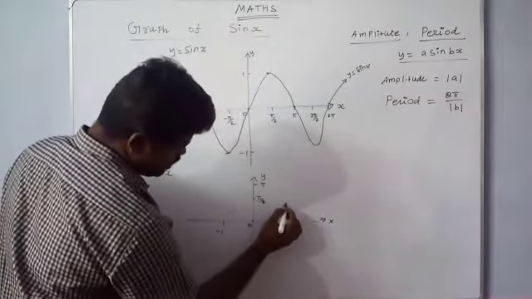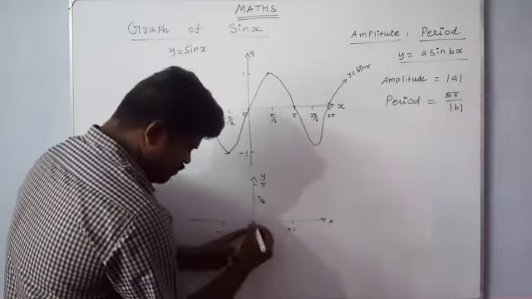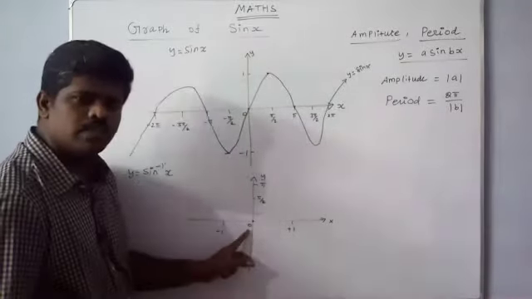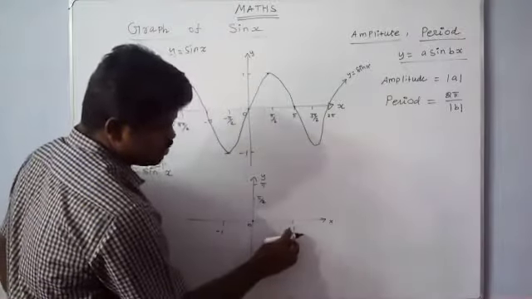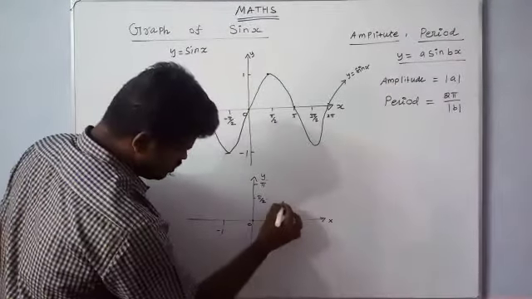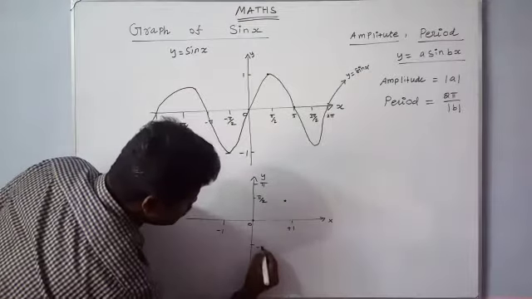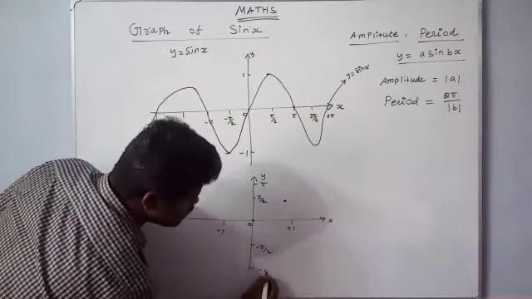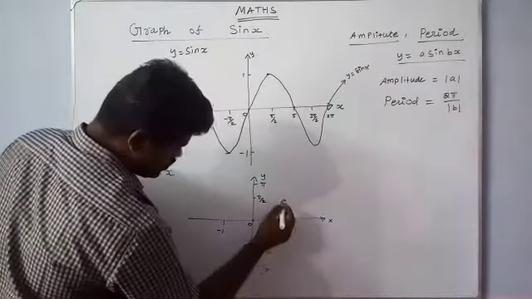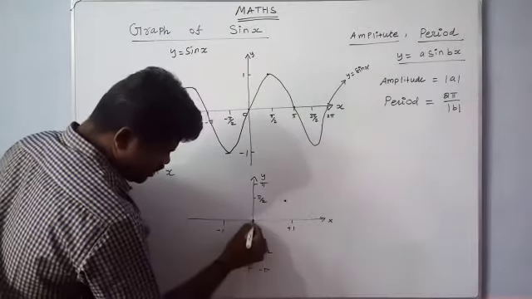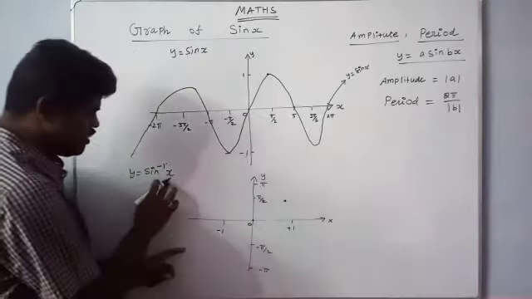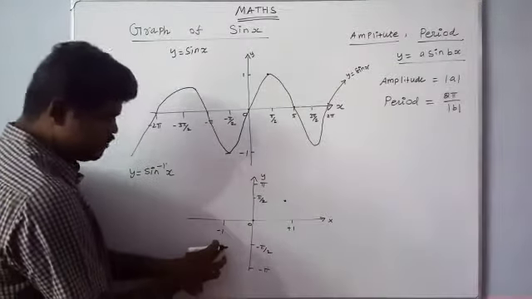The answer must be: sin inverse 0 is also 0 and sin inverse 1 is pi by 2. So the graph will become here, and take here minus pi by 2, here minus pi. So we draw the graph. Suppose we give sin inverse of minus 1, the answer will be minus pi by 2.